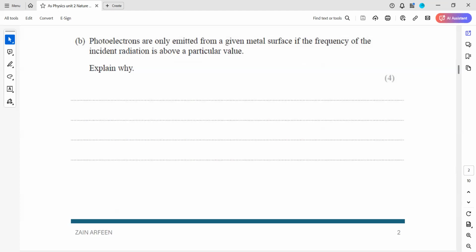So what actually happens? One electron absorbs one photon at a time. That is the first thing. You have to learn and memorize these points.